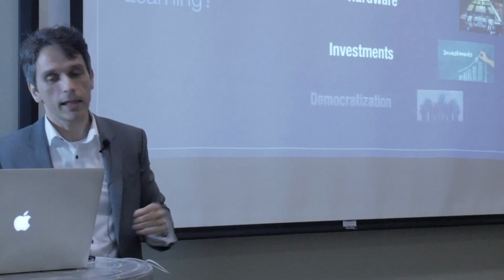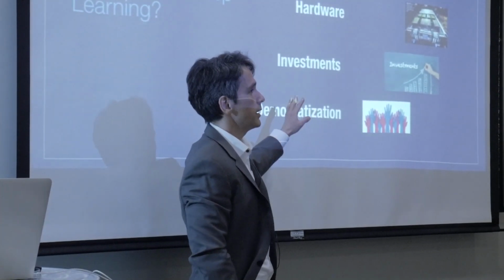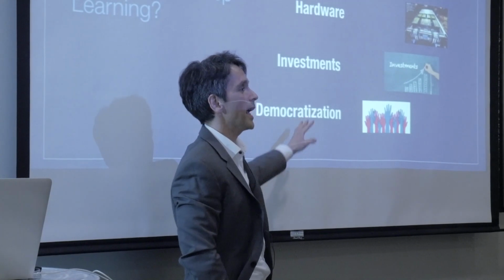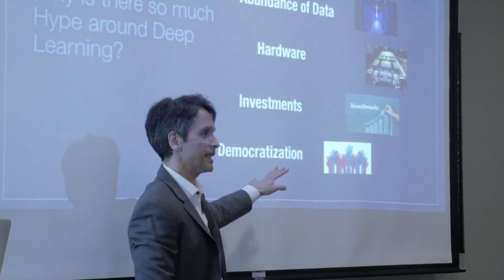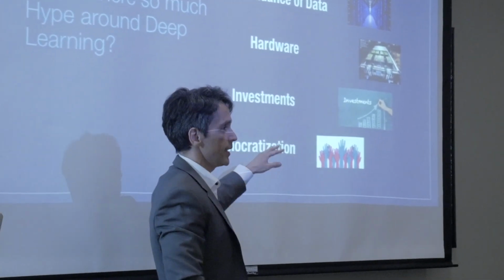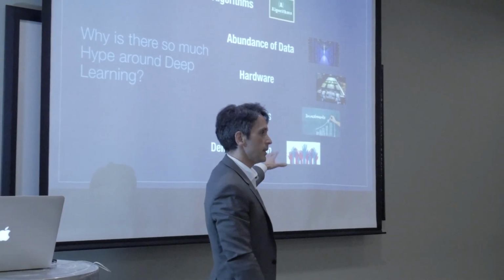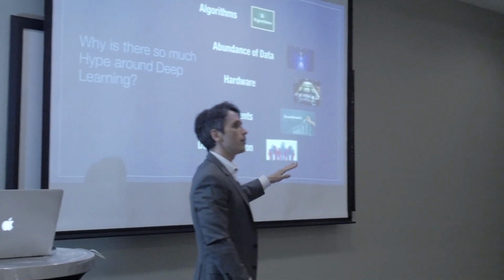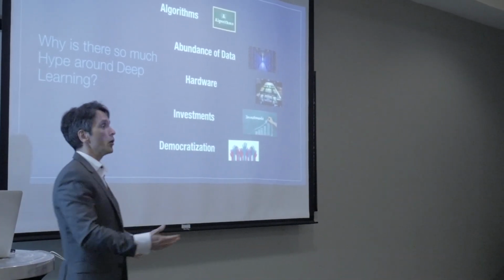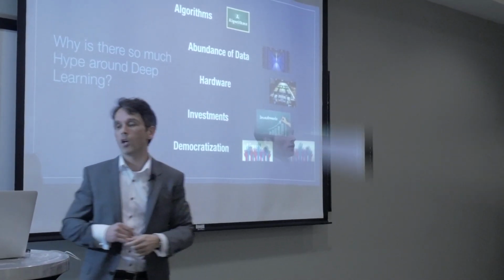And lastly, and I'll also explain that a little bit, democratization. Earlier, artificial intelligence was only for experts, but nowadays it's accessible to many more developers. You don't need the latest and greatest PhD and 20 years of experience in the field. You can apply deep learning or machine learning without having this deep knowledge.